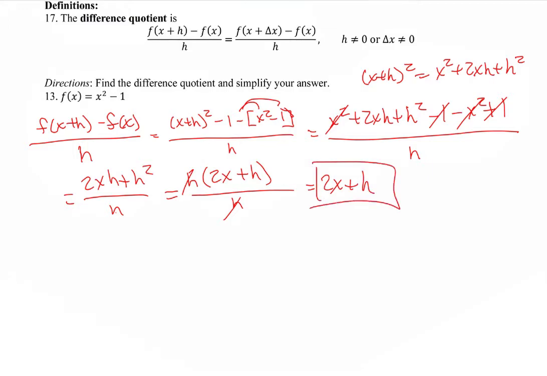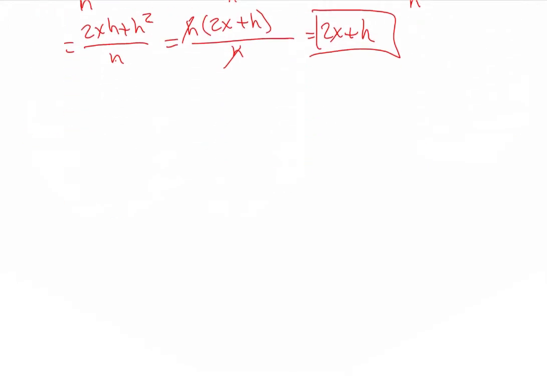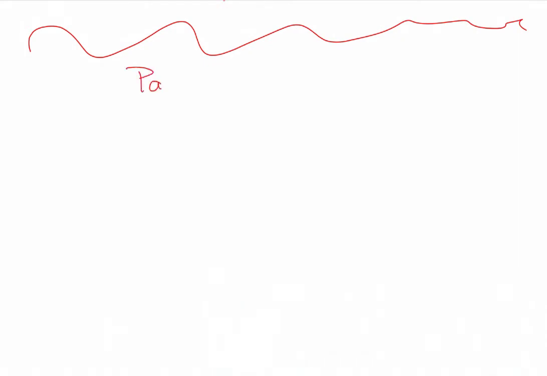All right? Now, I'm going to scroll down here at the bottom of the page. Right down here, I'm going to draw a little squiggle, and I'm going to do something called Pascal's triangle. I'm going to probably do this 2 or 3 times in this class, okay?